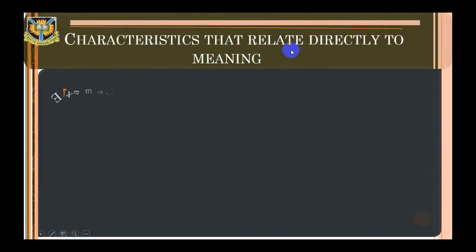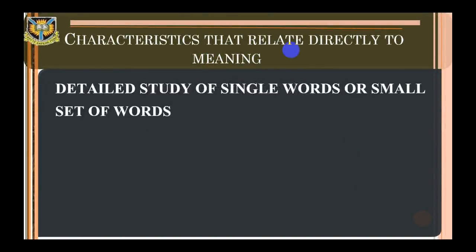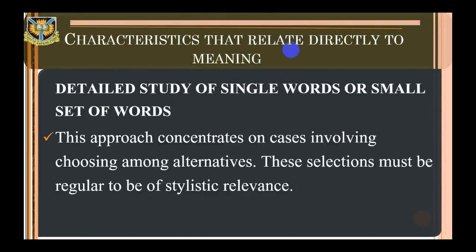Characteristics that relate directly to meaning. Examples are the sizes of diversity of an author's vocabulary. Detailed study of a single word or small set of words. This selection must be regular to be of stylistic relevance.